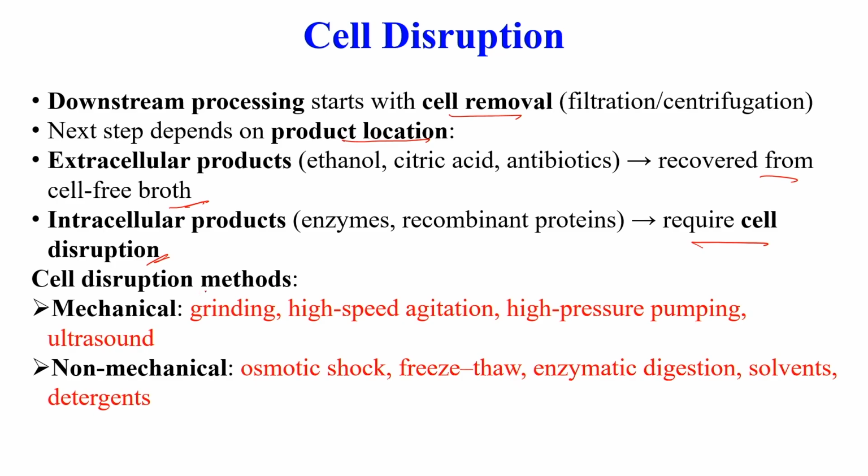For cell disruption, we discussed mechanical as well as non-mechanical methods. The mechanical methods include grinding, high speed agitation, high pressure pumping and ultrasound. Non-mechanical methods include osmotic shock, freeze-thaw, enzymatic digestion, solvents and detergents.